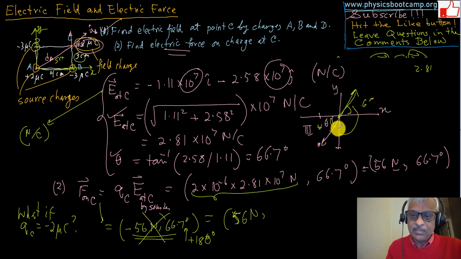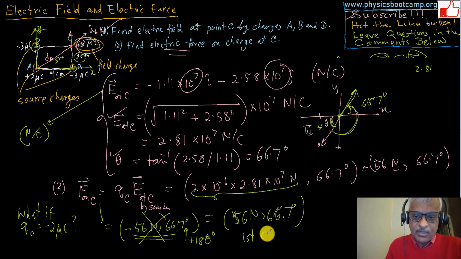It will look like I went from here and did that. So this is 66.7 degrees, but this is in the first quadrant, and this answer is in the third quadrant.